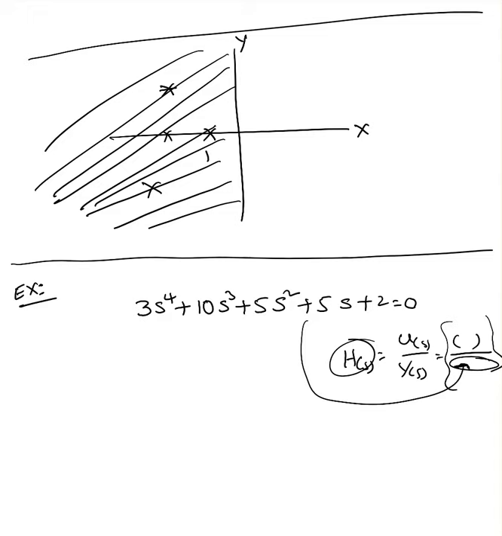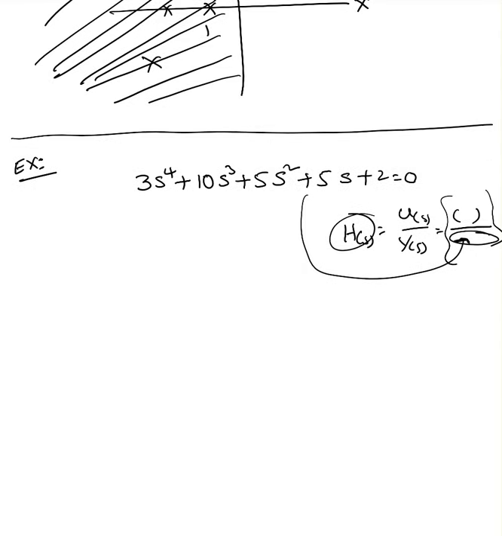Now what we're going to do here, we're going to arrange these coefficients of s in a different way. That way is called Routh's array. We call it Routh's array. Okay, we're going to arrange them in a different way. So first I'm going to put s to the power of 4.